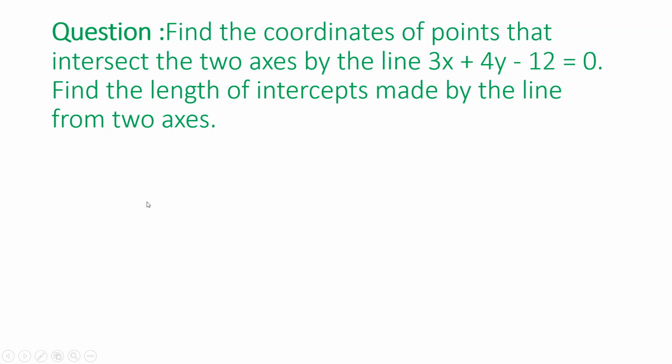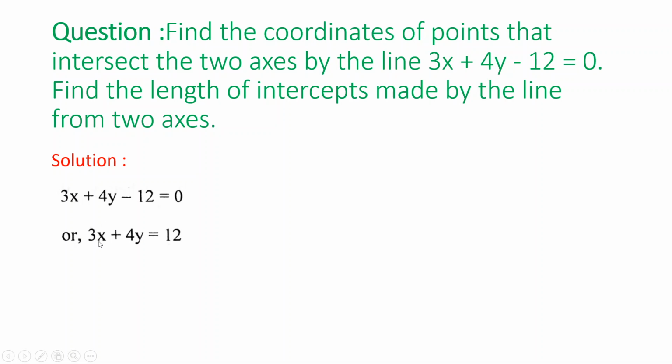Boys, now we solve another problem. Question: find the coordinates of the points where the line 3x + 4y - 12 = 0 intersects the two axes. Find the length of the intercepts made by the line on the two axes. Solution: the given equation is 3x + 4y - 12 = 0.